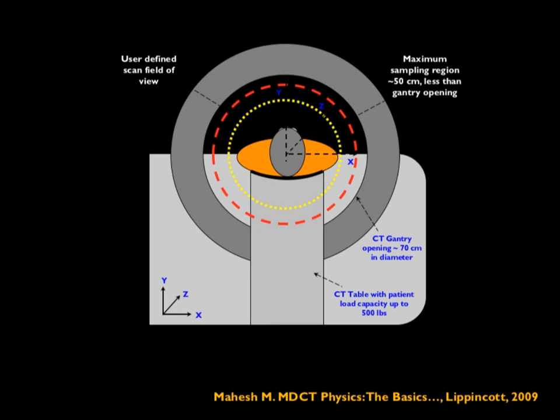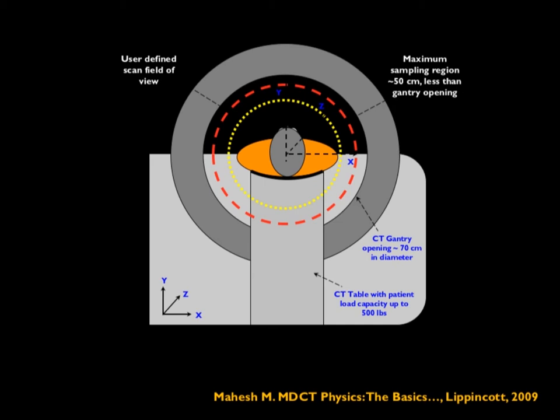In fact, the maximum sampling region is about 50 centimeters, which is less than the gantry opening. That's the reason why, in images of obese patients, we sometimes see images chopped off in the shoulder or hip region, which may have extended beyond the sampling region.